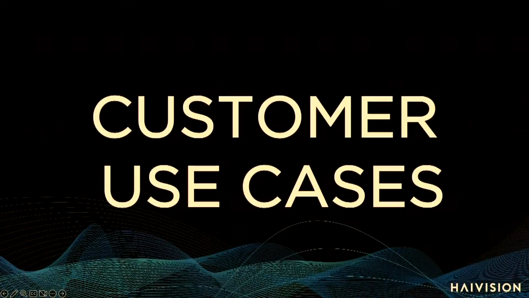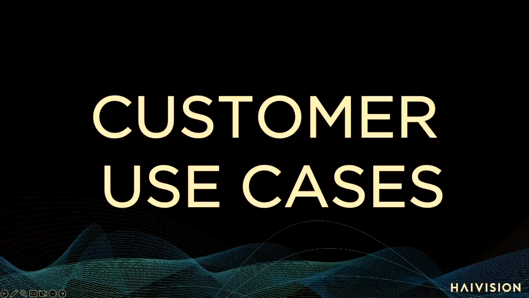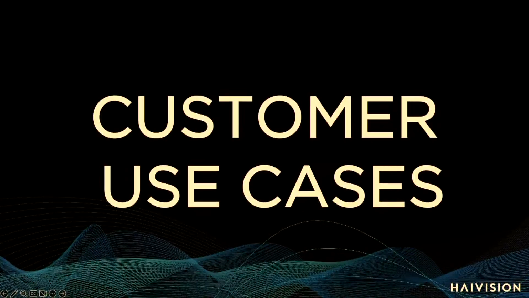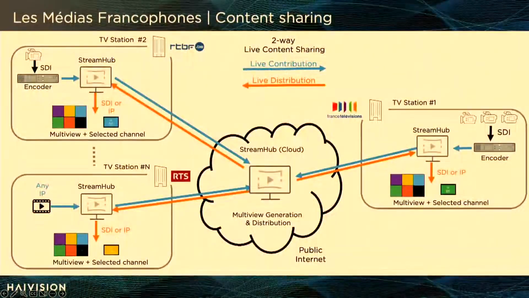So to finish, I wanted to show you some real customer use cases, examples of how it has been deployed and how it is being used already. The first one is live content sharing. There is an association called Les Médias Francophones, French-speaking stations, some in France, in Canada, and in Africa as well.